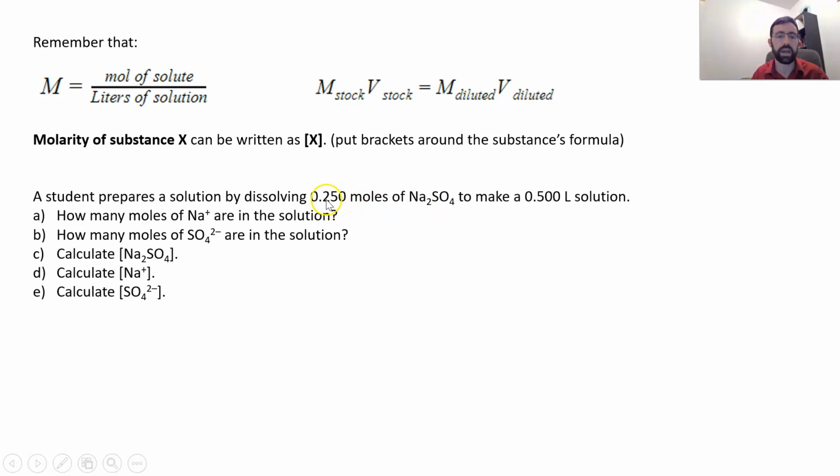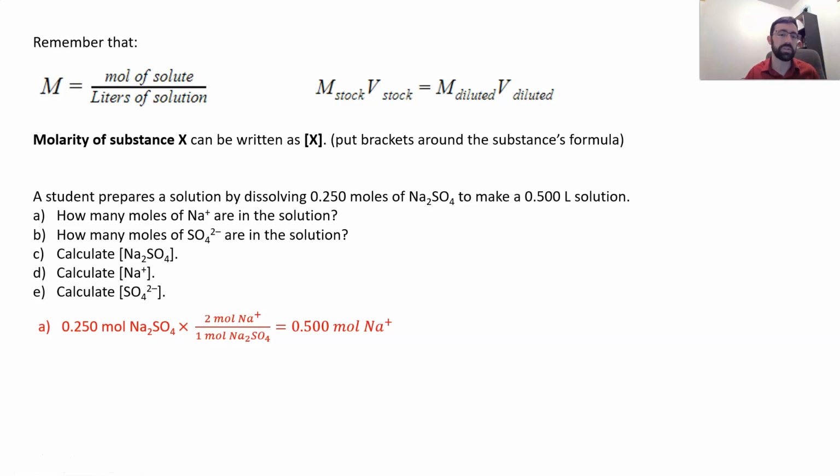So we're going to have twice as many moles of Na+ as there are moles of Na2SO4. So we'll just take the moles and multiply it by 2 because we've got twice as many moles of Na+ as there are moles of Na2SO4 in the solution, and you end up with 0.500 moles of Na+.